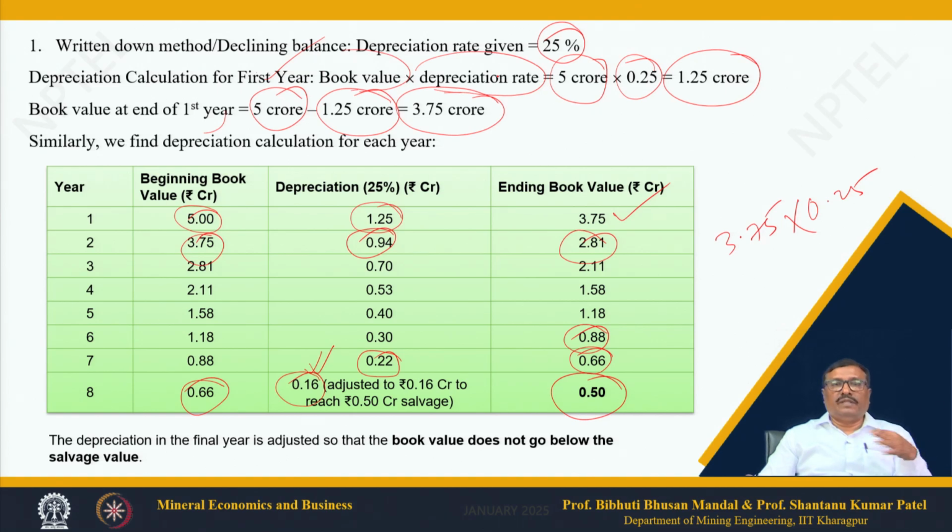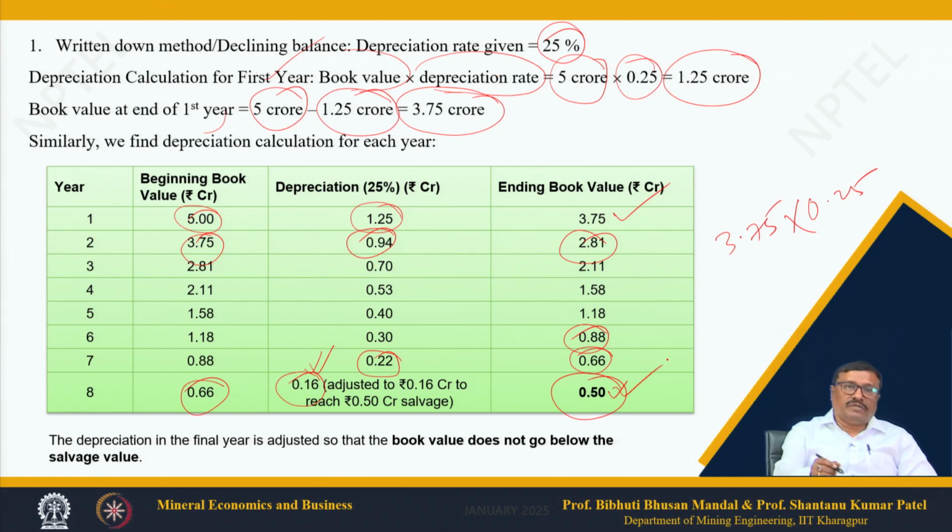You are repeating the same process, and in the whole process you have never used the salvage value. So, at the end, when the book value comes out different from the estimated salvage value, we deliberately equate it to 0.50.